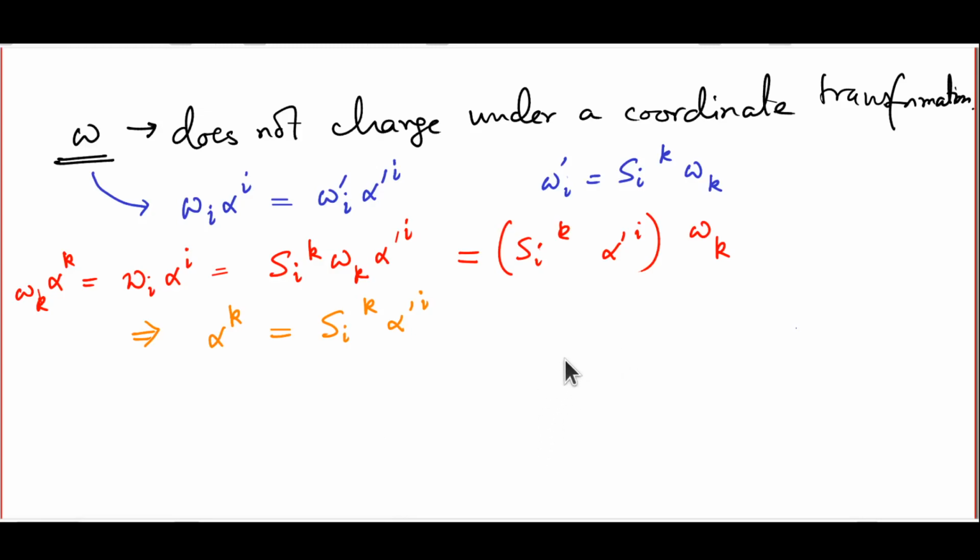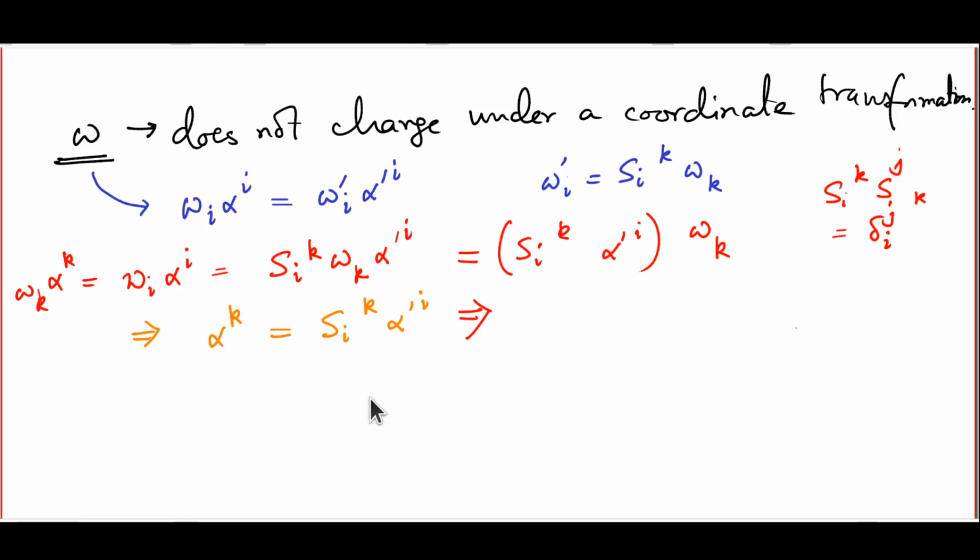Now that is actually pretty easy to get to by simply using the fact that S_i^k and S_k^j are elements of S transpose inverse and S respectively, and this immediately leads us to the result that this is delta^j_i. Now how do we use this?